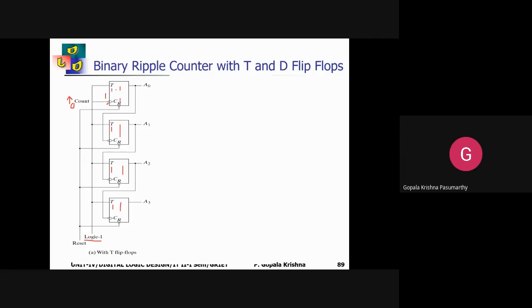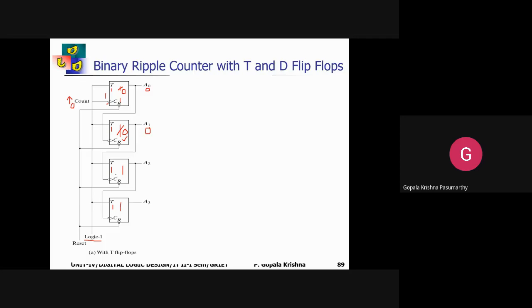If the clock is active, since T is 1, the present state 1 becomes 0, because the T flip-flop complements. If this is 0, A0 becomes 0. If this A0 is 0, since it is connected to this clock, it becomes active. If this clock becomes active, this T flip-flop also complements this one, so it becomes 0. If this is 0, means A1 is 0.